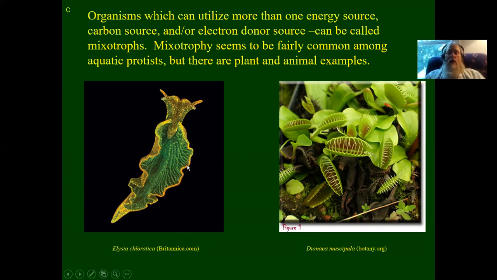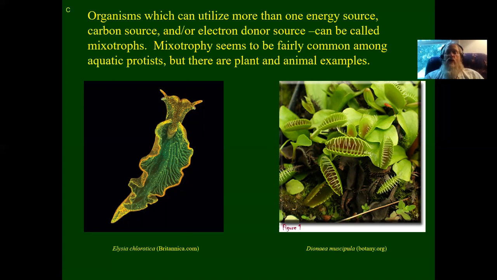The pretty green thing on the left is a swimming sea slug. The reason it's green is because of chlorophyll, which you probably know is the photosynthetic pigment used by plants and algae and also cyanobacteria. So the sea slug feeds on algae.